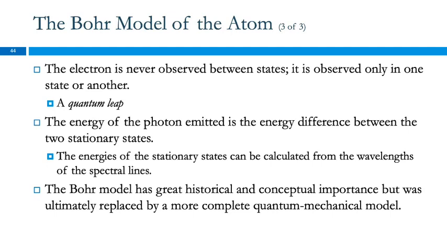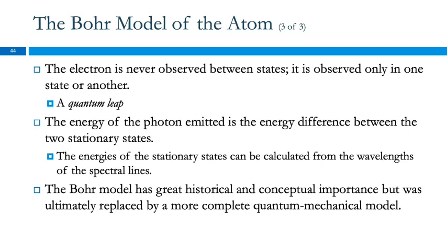Because we're real life regular things, and we obey regular rules of physics. This is called a quantum leap. It goes from one state to another state without going in between. The energy of the photon is the energy difference between those two states, and from the wavelengths we can actually calculate the energies.